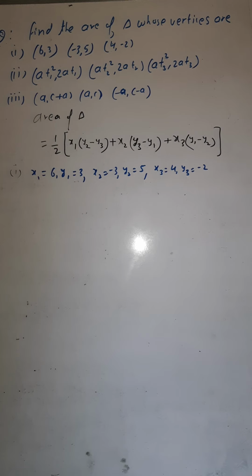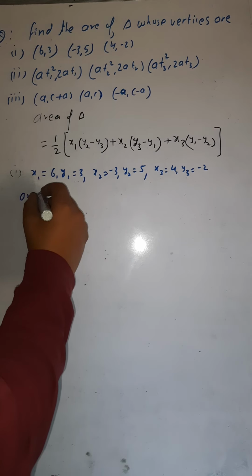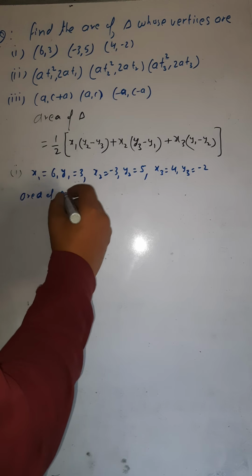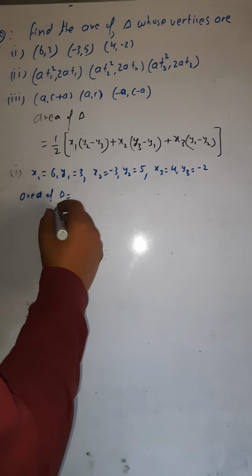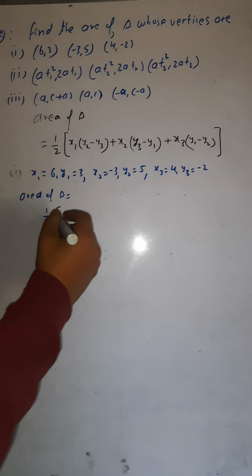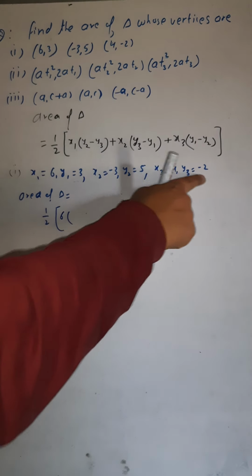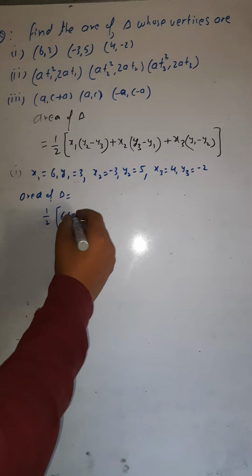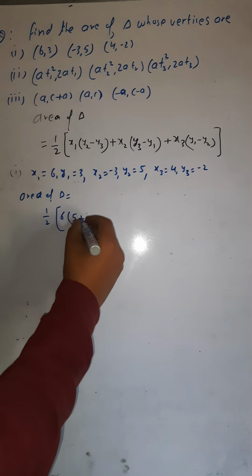Now let's find out the area of the triangle. Use the given formula. It is 1 by 2 into x1 (y2 minus y3). x1 is 6, then inside y2 minus y3: y2 is 5 minus y3 which is minus 2, so this minus would become plus.